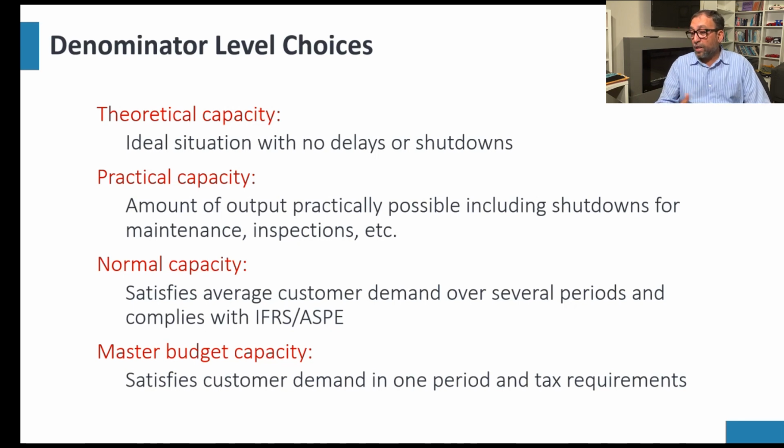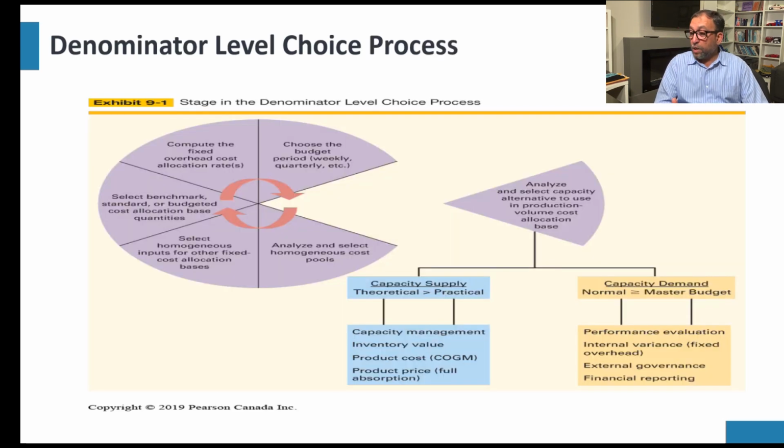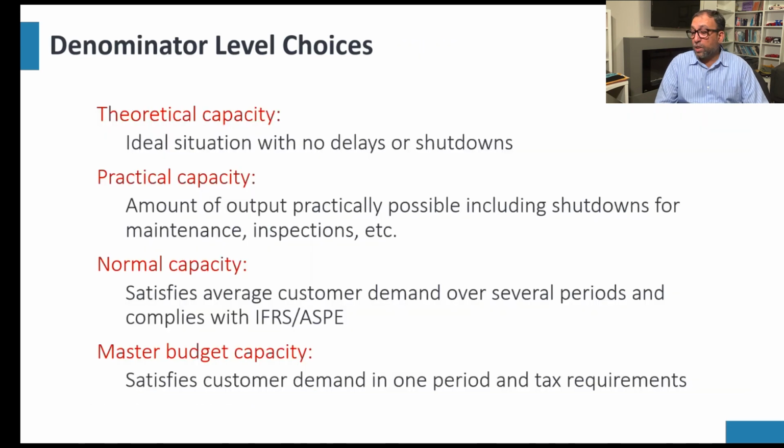So theoretically you can take it to 200, but practically it is not possible. Theoretical capacity is the ideal situation with no delays or shutdowns. Practical capacity is the amount of output practically possible, including shutdowns for maintenance, inspection, and all these things. But the normal capacity is like when we drive the car around 60, 70 kilometers per hour.